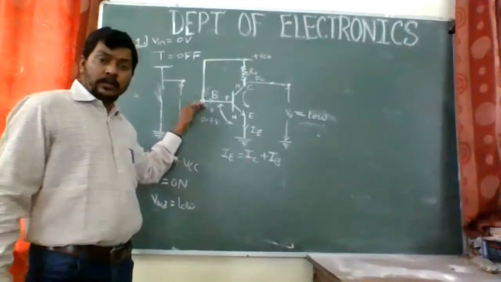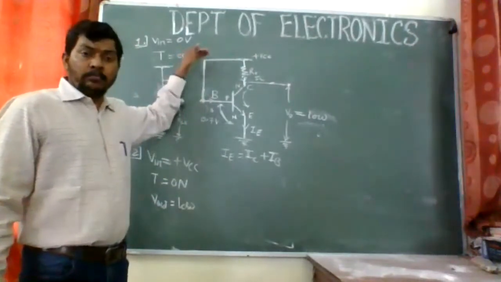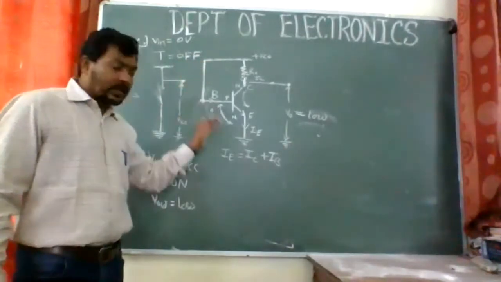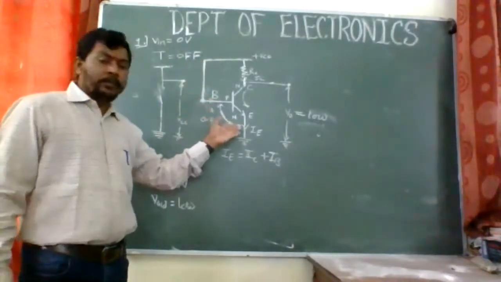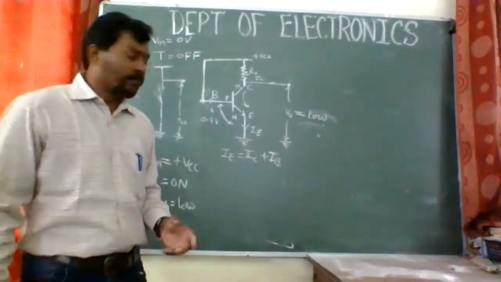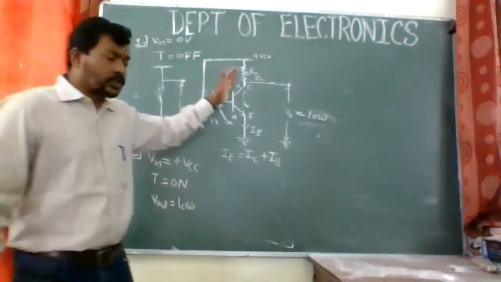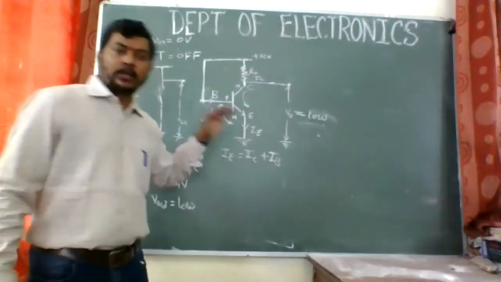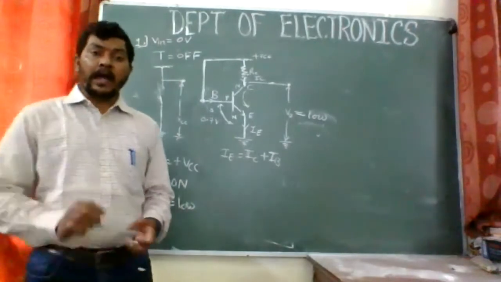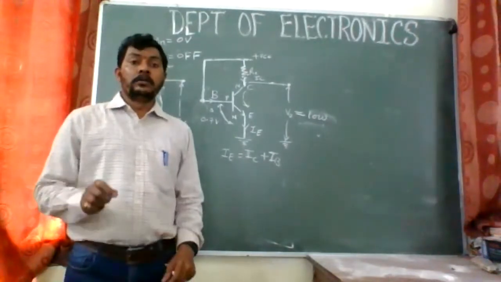When the base voltage is taken more than 0.7 volts, then the transistor will conduct, this will become forward bias, and as soon as it becomes forward bias, the transistor conducts and the output voltage will become low. This is how a transistor acts as a switch.